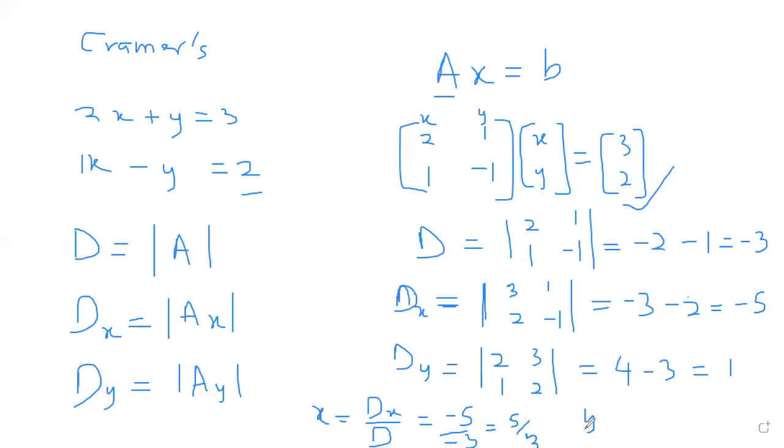And then your y will be dy over d. So that will be 1 over minus 3. So it means that y is negative 1 over 3. Okay. So that gives me negative 1 over 3.